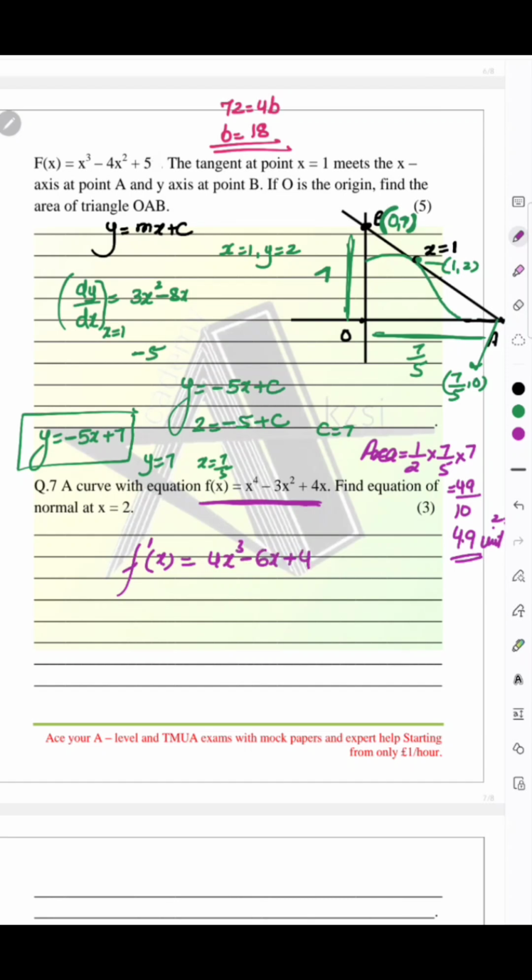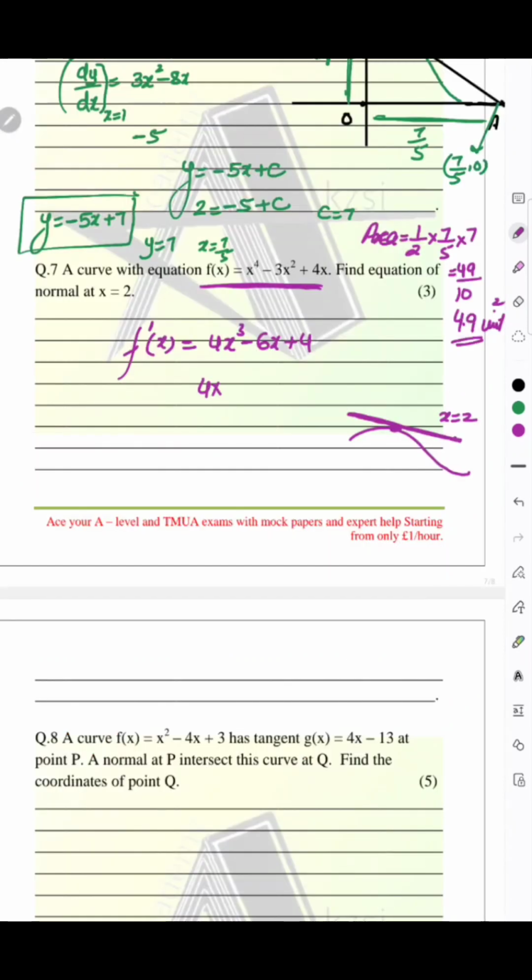At x equals 2, we have to calculate the gradient, so substituting x equals 2 gives 32 minus 12 plus 4, which is 24. So the gradient at this point is 24.